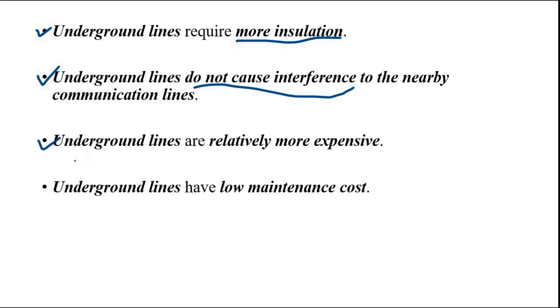Then the initial cost, the installation cost, the foundation cost of underground lines is very high, but the maintenance cost is low, which is opposite to the overhead system, as I said. For overhead, the initial cost is less but the maintenance cost is high. But here, the initial cost is high but the maintenance cost is less. So these are some of the advantages.